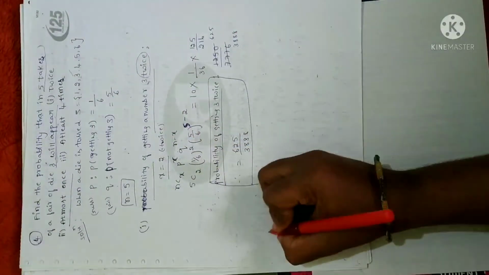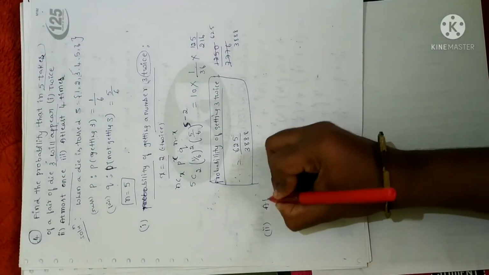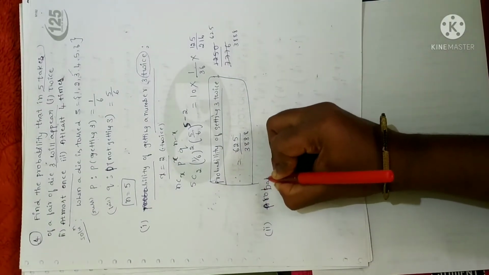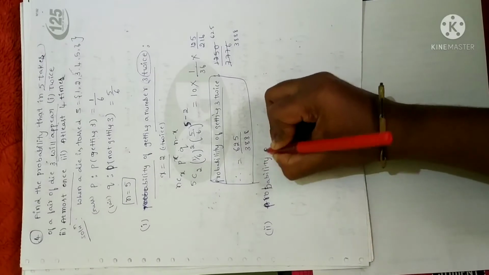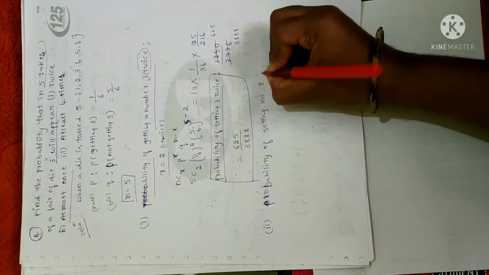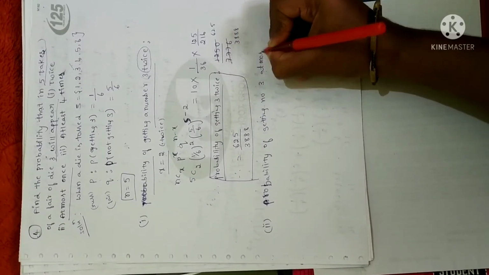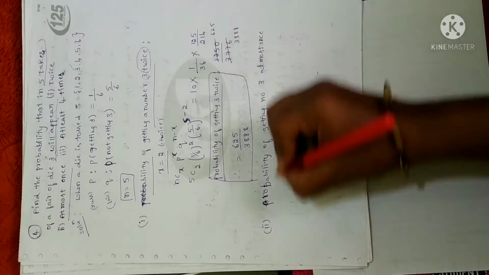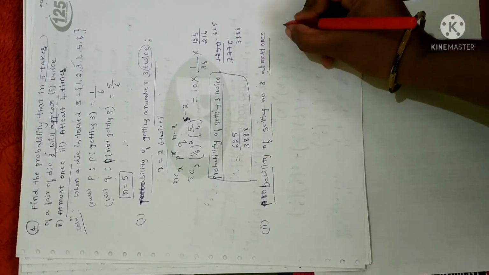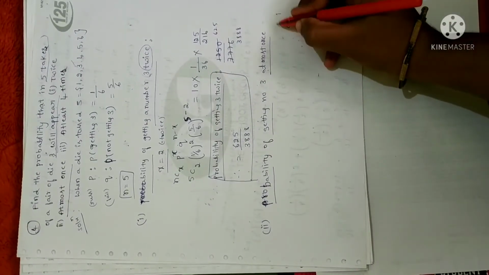Here it is given at most once. Meaning is probability of getting number 3 at most once. So as I already told you, at most in the sense you have to move to left of the number. 1 to the left you have 0.